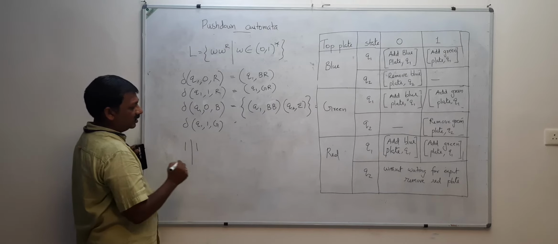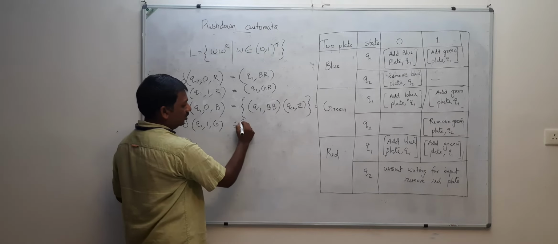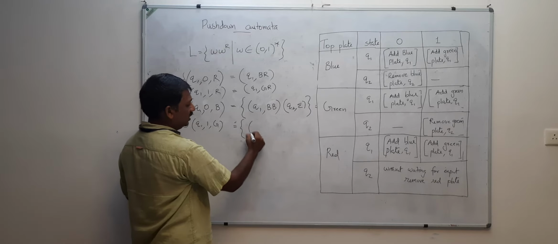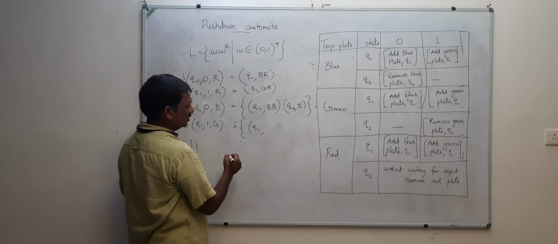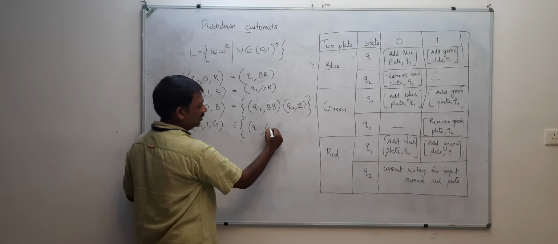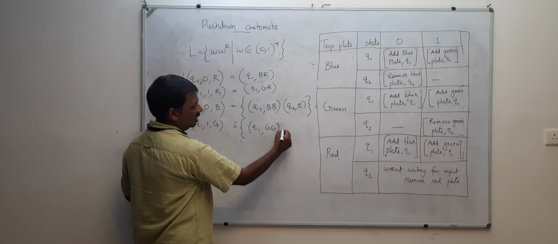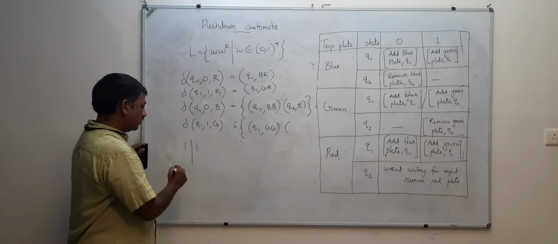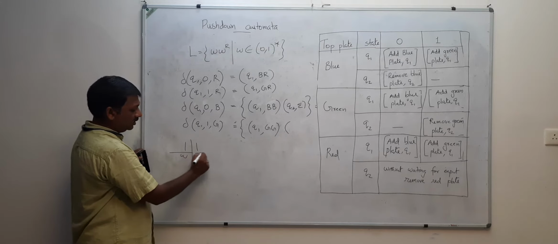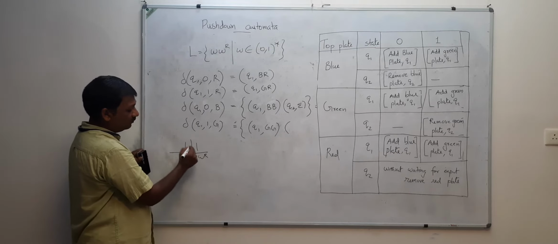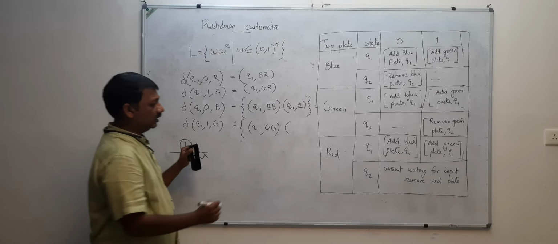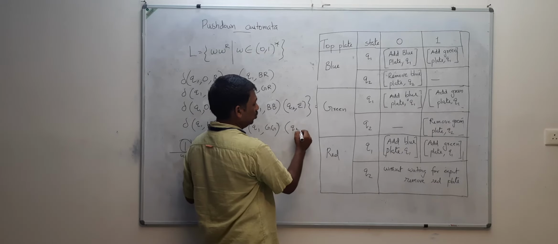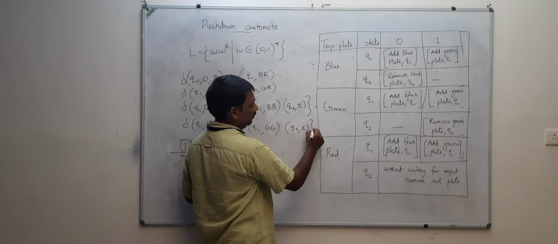What will happen? Again, there are two possibilities. It is staying in the same state and you are pushing a green plate, or suppose this is the end of W and this is the start of W raised to R, you have to pop that green. In that case, Q2 epsilon.